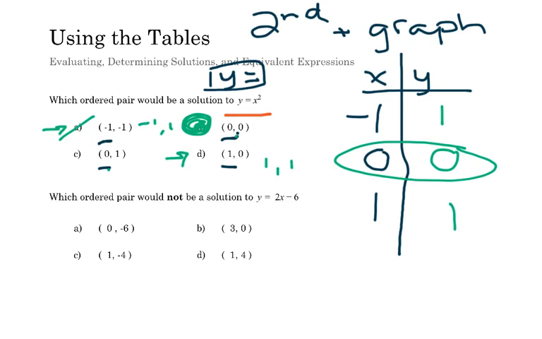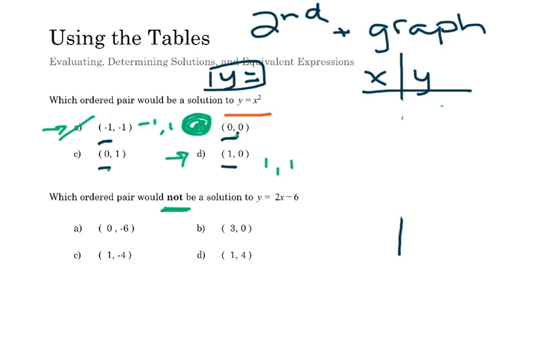Then there are the types of questions that say which one would not be a solution. Okay, so this time there's going to be 3 things that I do see in my table and 1 that I don't. Type this bad boy into y equals.